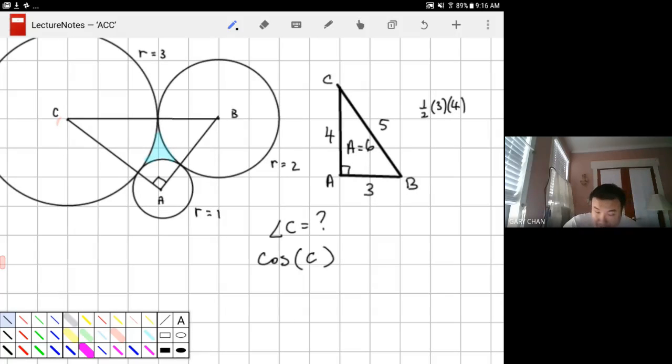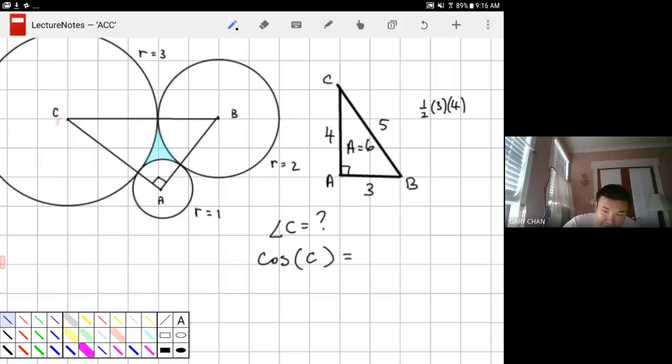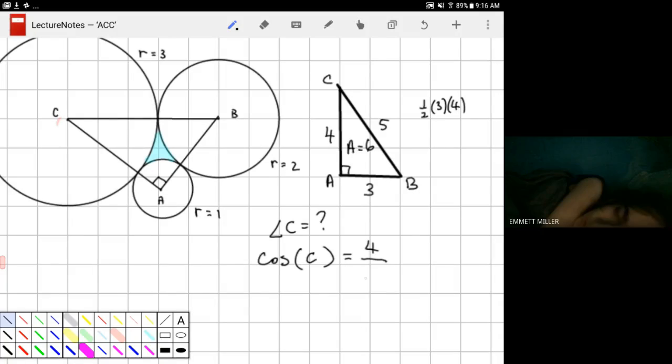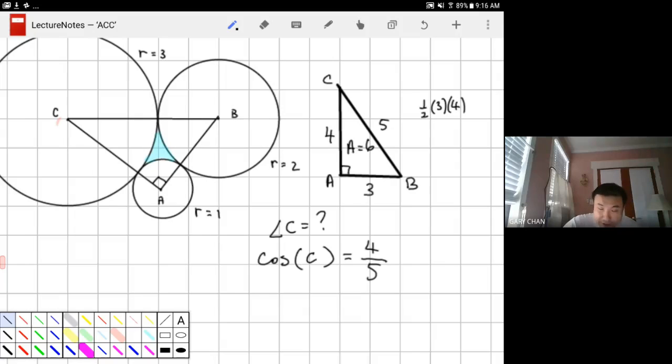That's the angle that we're looking for. So cosine of C is equal to what? Cosine of C would be 3 over 5. Not 3, it should be 4. It's adjacent over hypotenuse. That's right. So cosine of C is equal to 4 over 5.